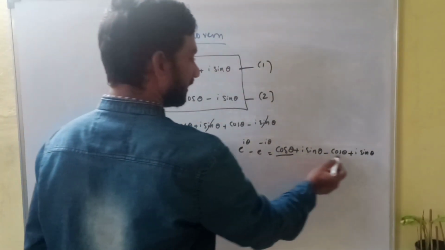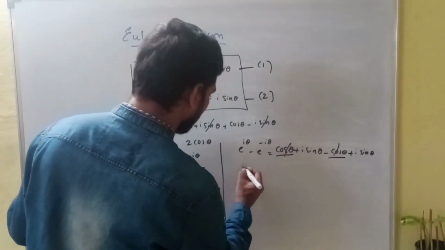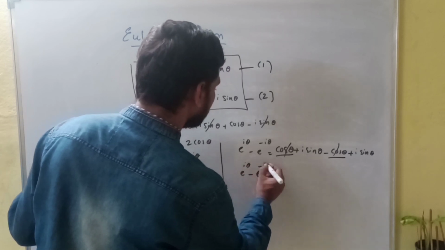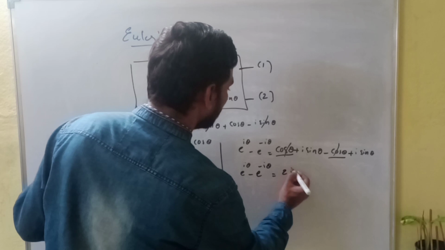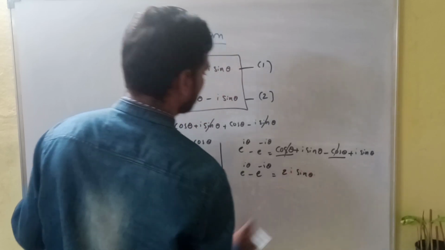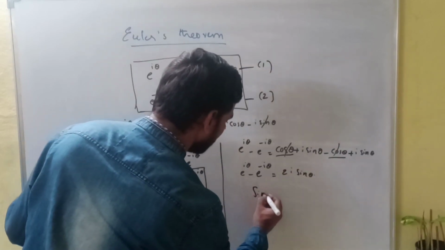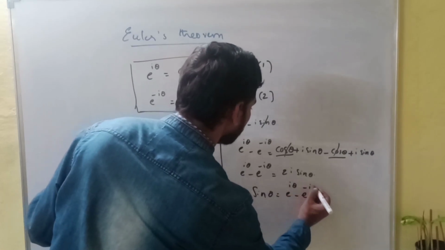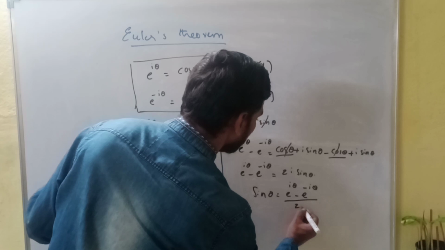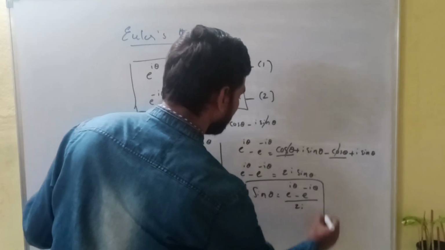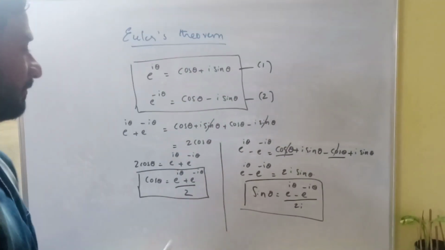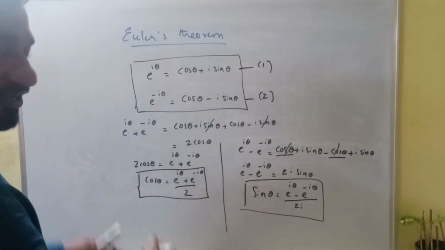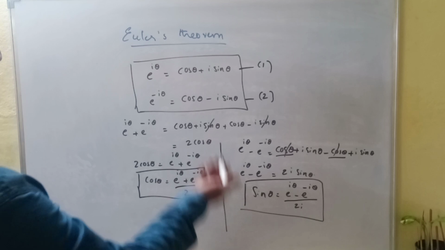Here this cos theta and cos theta will get cancelled, and e power i theta minus e power minus i theta is equal to 2i into sin theta. Now sin theta is equal to e power i theta minus e power minus i theta by 2i. So this sin theta represents the imaginary part, and this cos theta represents the real part. So this is how we can find the real part and imaginary part from Euler's theorem.